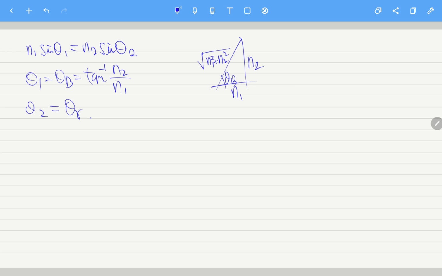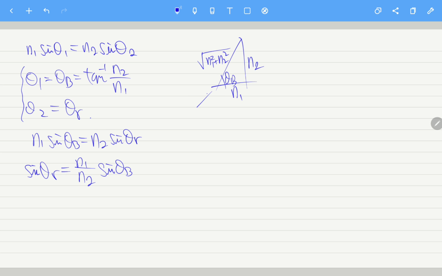Okay, let me just put in the things. n1 sine of theta b equals n2 sine of theta r, and then here we would like to find theta r, sine of theta r equals n1 over n2 times sine of theta b.